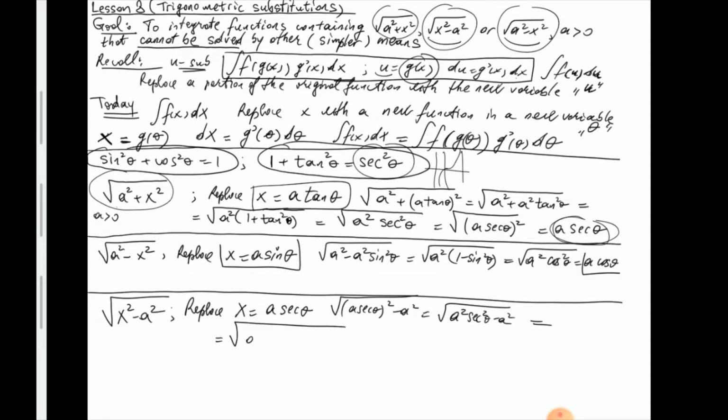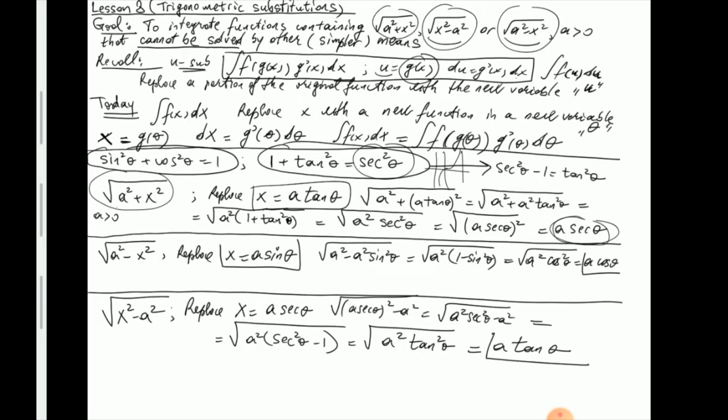Pull out a squared. Now, if you look at the formula over here in the middle, secant squared theta minus 1 is tangent squared. Again, remember, the goal is essentially to have a perfect square inside the radical so that I can simplify the radical. So the idea is like this, and let's write it as a remark before we move on to examples.